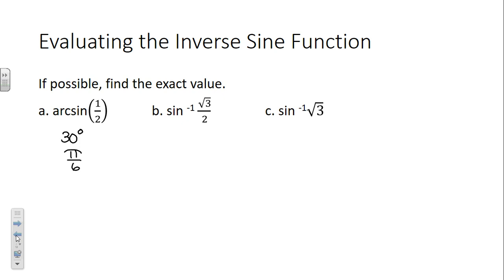Sine of 30 is 1/2, so the angle whose sine is 1/2 is 30 degrees. We're looking for that angle back. Now, again, in that table, if you picture it in your head, is there a place where the sine is square root of 3 over 2? 60 degrees, okay?